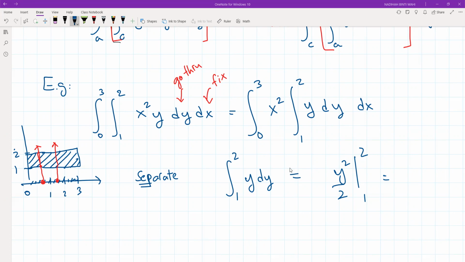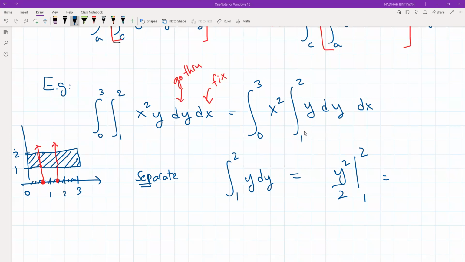Lutfi, Zahir Lutfi. Apa nilai dia? Saya dengar macam ada suara tapi macam tak dengar sangat. Okay, over 2.